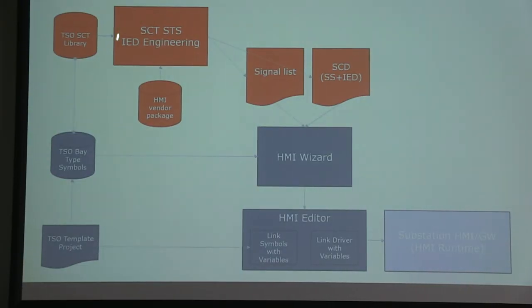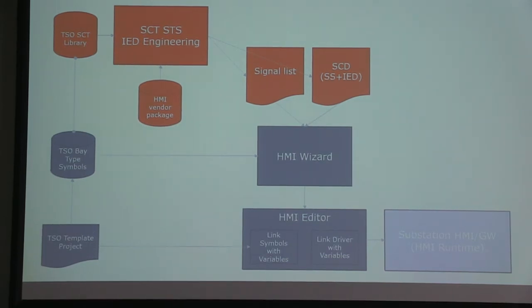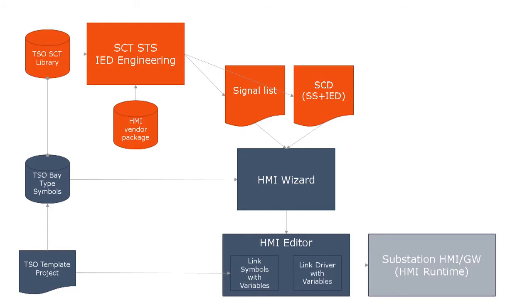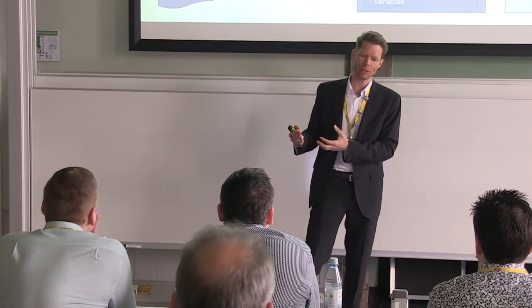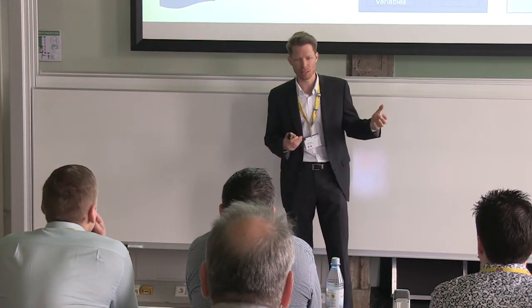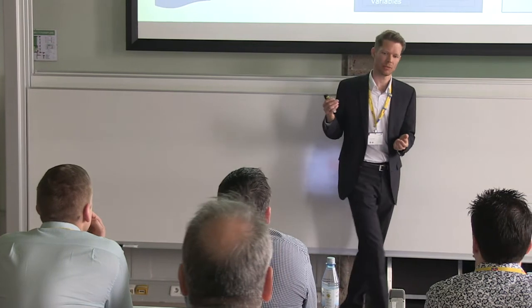Everything starts here at the center point at the system configuration tool. The system configuration tool can have already input from the utility or from the TSO, DSO, can have input for the target HMI and then generates a signal list and the SCD file.